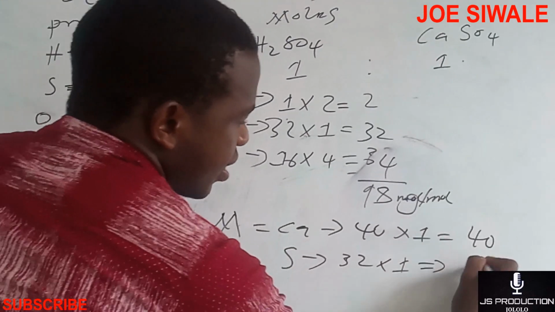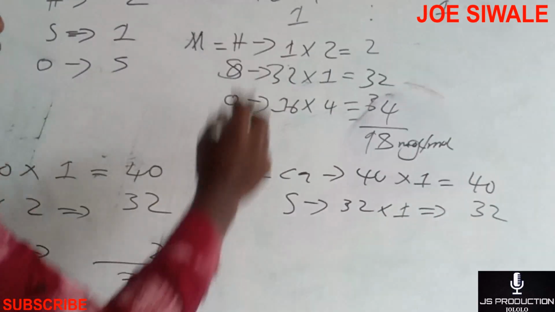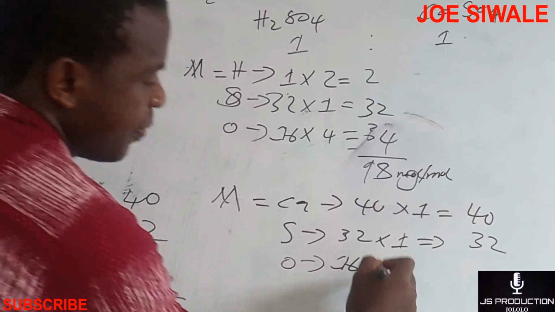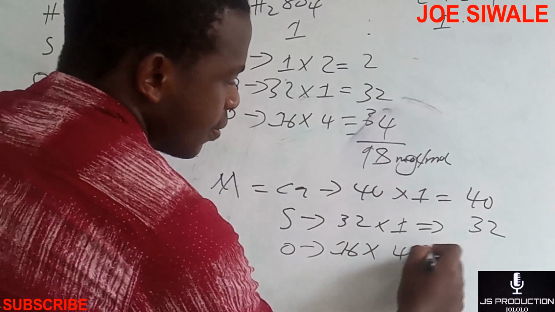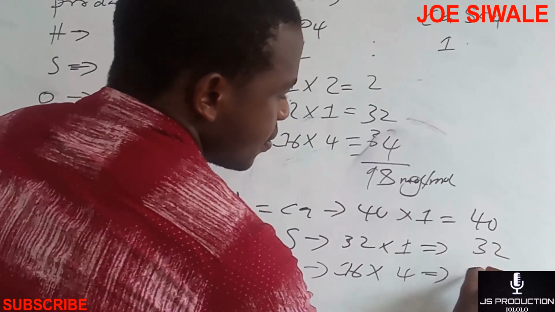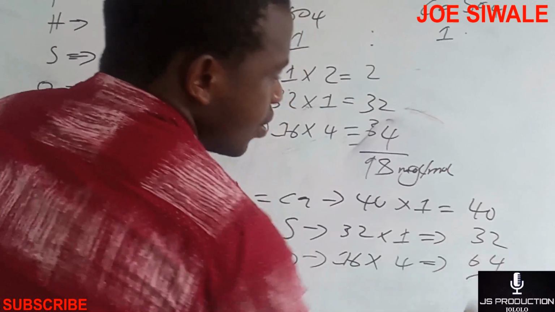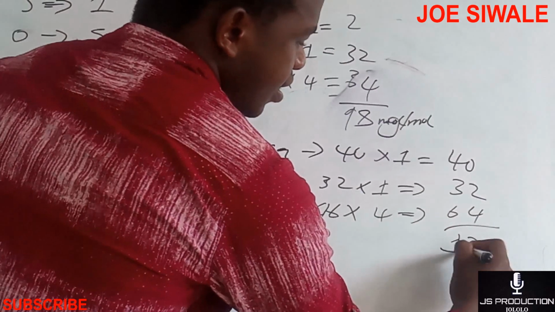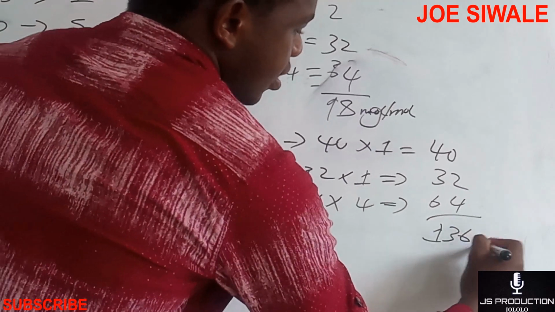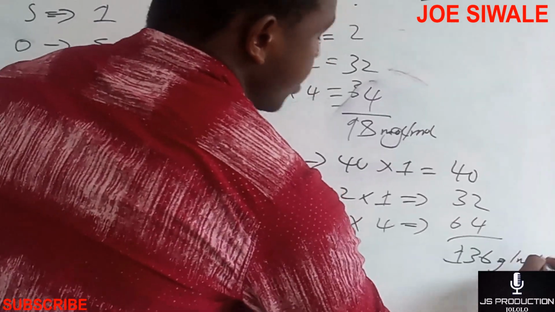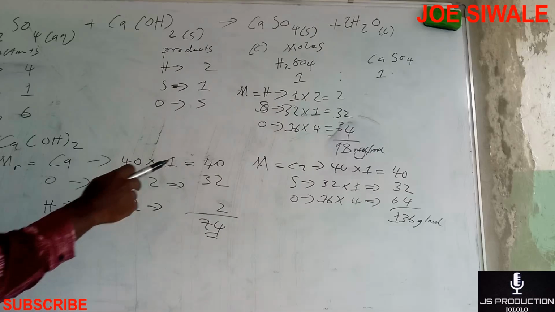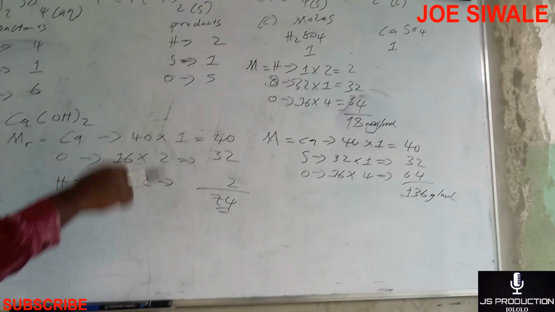So this will give me 32. Then I have oxygen. The mass number of oxygen is 16 multiplied by the number of atoms, which is 4. This will give me 64. So 40 plus 32 plus 64, I'm having 136 gram per mole.